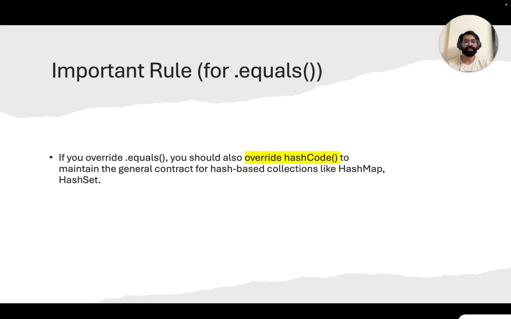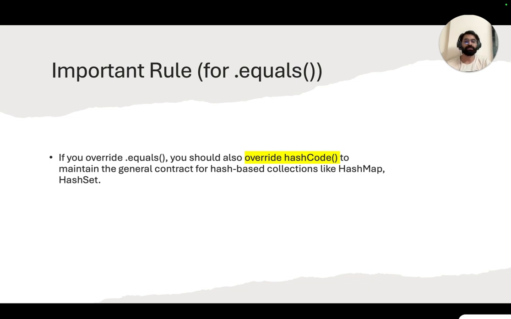That is the best practice, because the contract between hashCode and equals should not become invalid. If you use HashMap or HashSet, it is necessary that they work in the proper manner. So you should always override both methods, equals and hashCode, in your code.